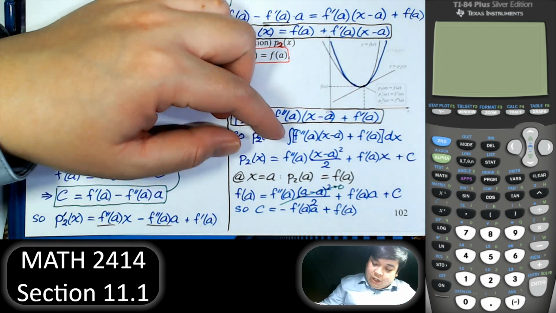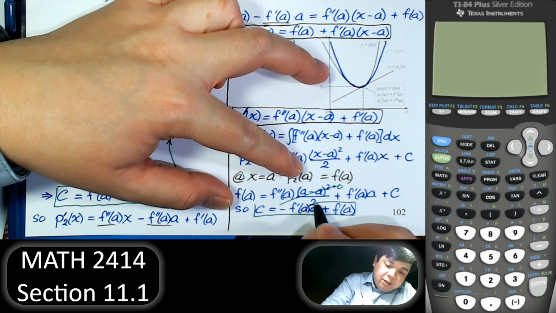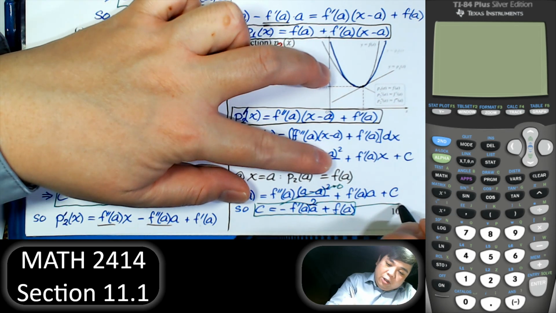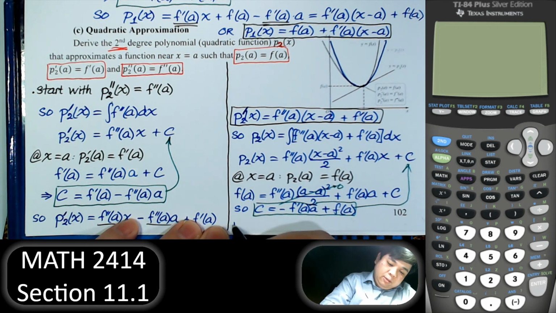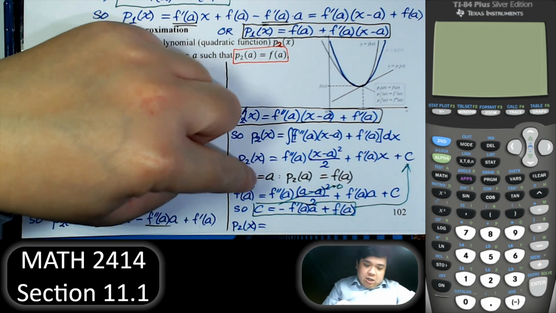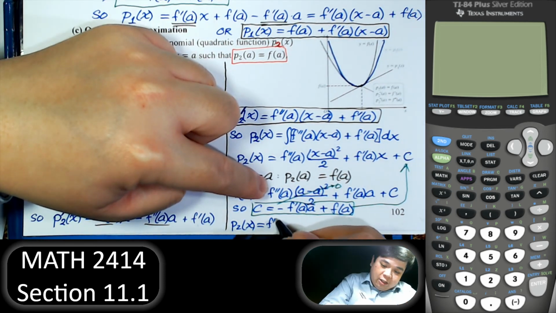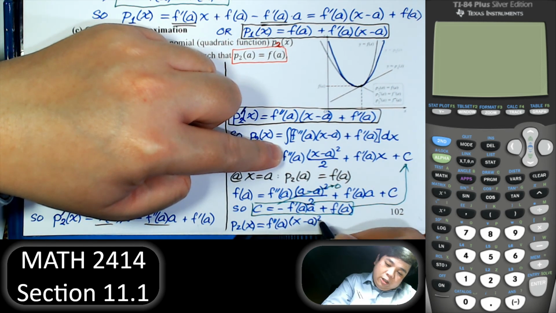And finally, if you substitute this into this c, we have the equation P2 of x equal to, I've run out of space, so I will just write the second derivative at a times (x minus a) squared over 2.